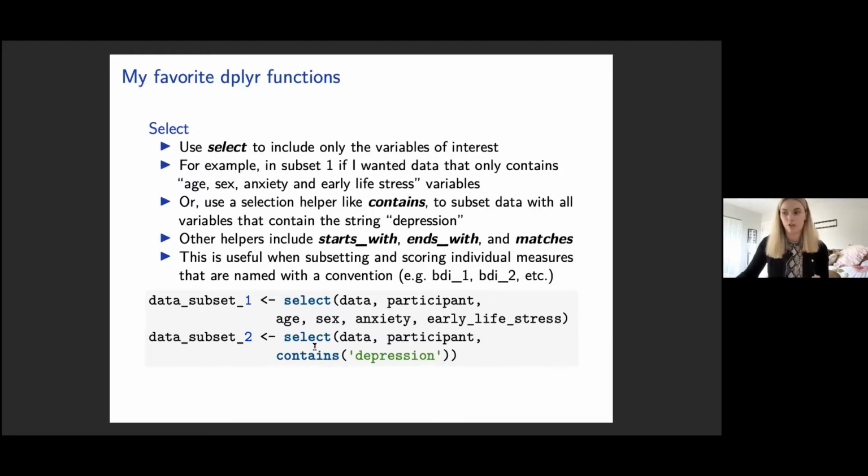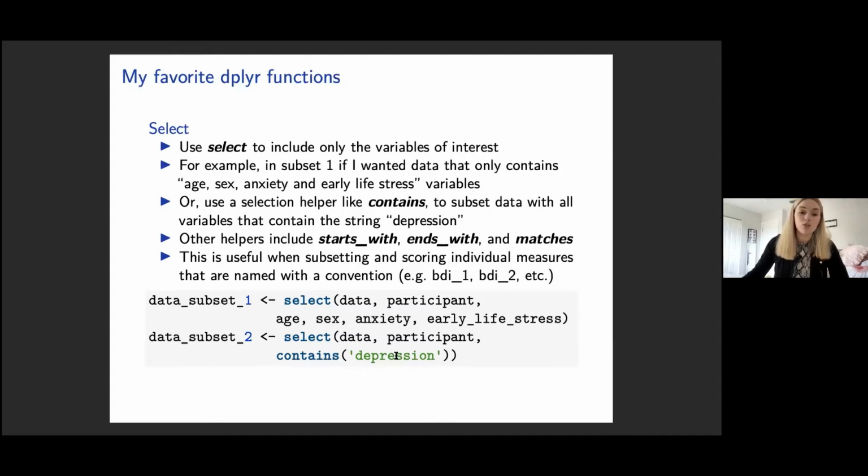If I name all my variables with a prefix that corresponds to the questionnaire I'm interested in, like depression 1, depression 2, depression 3, which is something I'll talk about in the tutorial, I can really easily select only those depression variables by using the selection helper contains, and then the string depression.